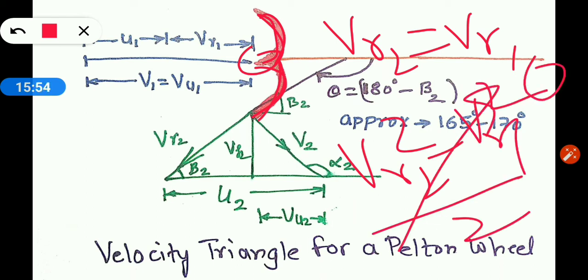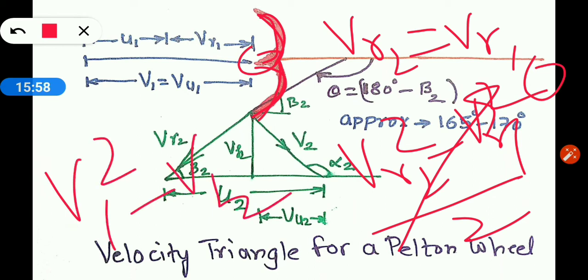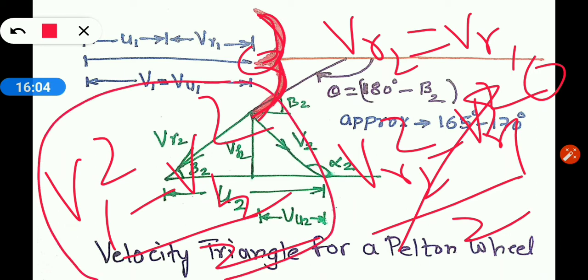So we are left with only V1 square minus V2 square upon 2. The impulse action is only because of absolute velocity. Blade velocity is not playing any role, and relative velocity is not playing any role. Impulsive action is solely done by absolute velocity, V1 square minus V2 square upon 2.